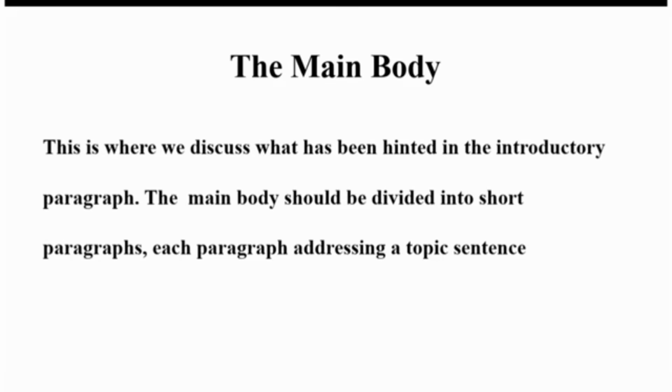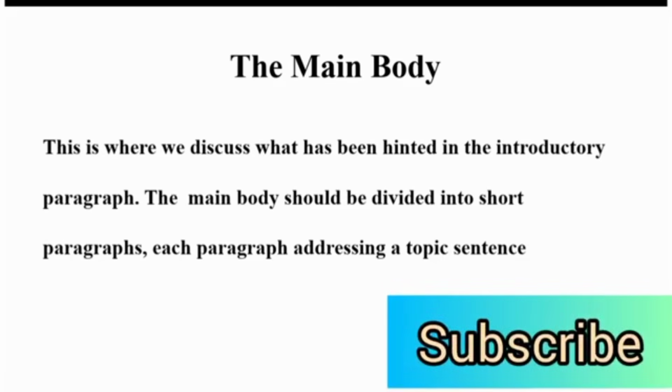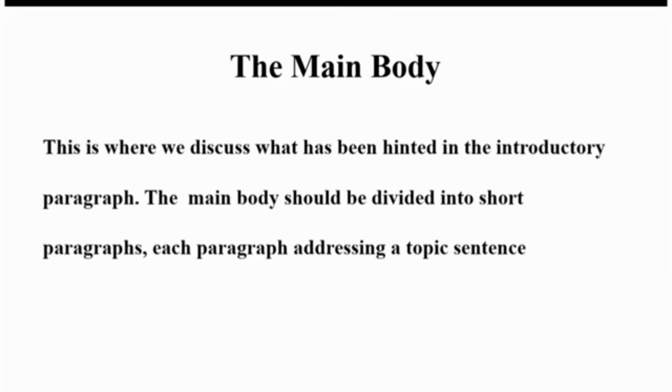So the main body is basically where we elaborate on the purpose or reason for writing the letter. When writing the main body of a formal letter, always remember to link the paragraphs with transitional markers like furthermore, secondly, again, however, etc. You make sure each paragraph addresses a topic sentence.